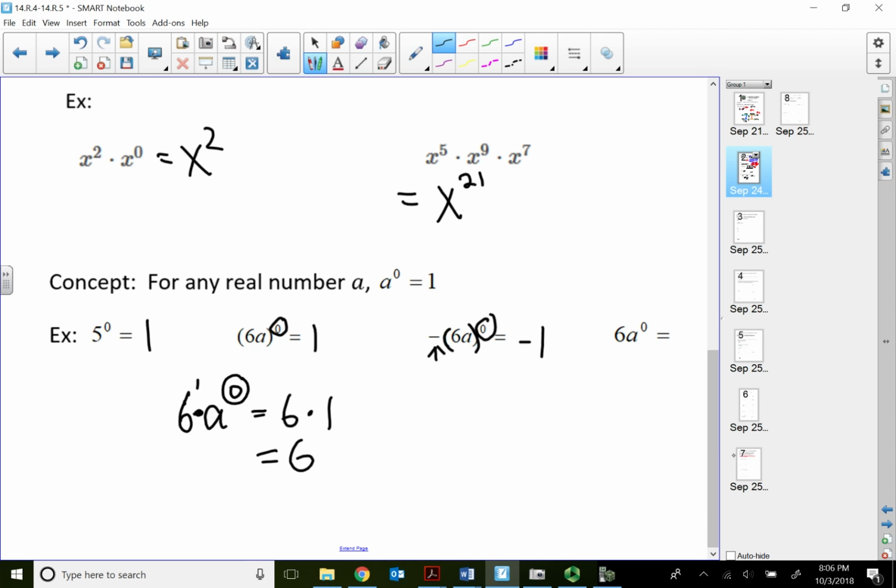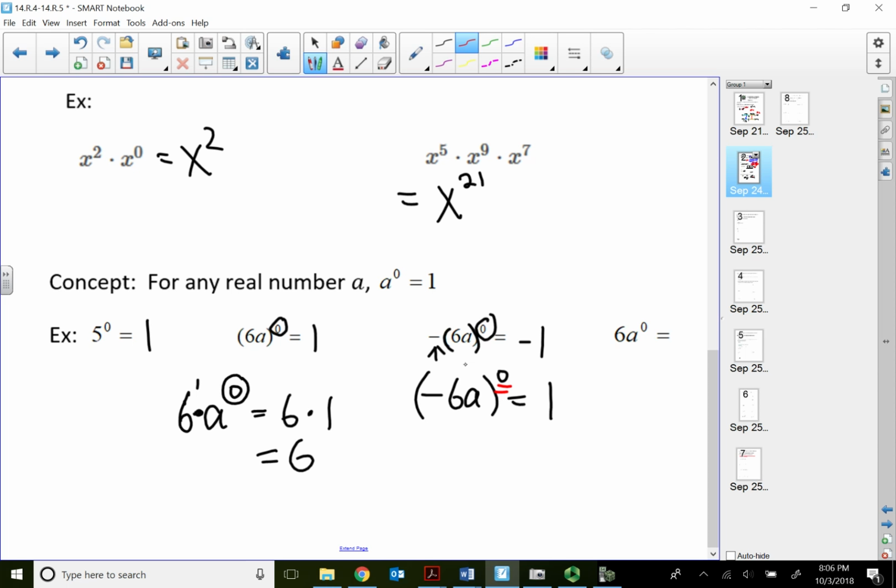All right, so if I come back to this problem, and this time I write negative 6a in the parentheses, raised to the 0 power, then the answer will become positive 1. This time the 0 is sitting on top of the entire base, negative 6a, and anything to the 0 power is 1.